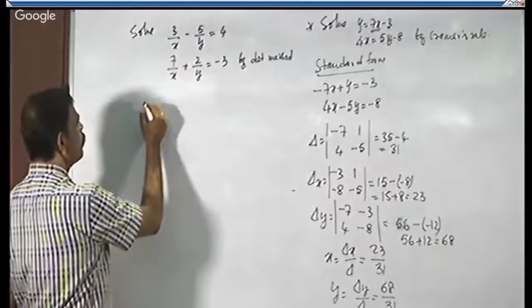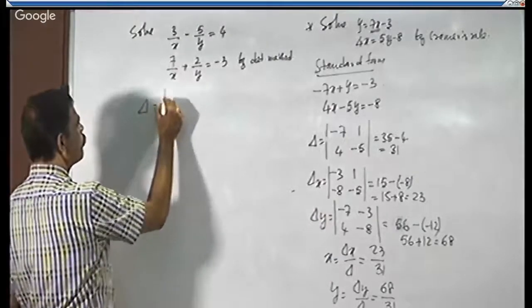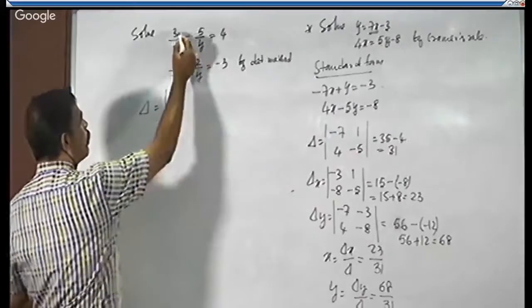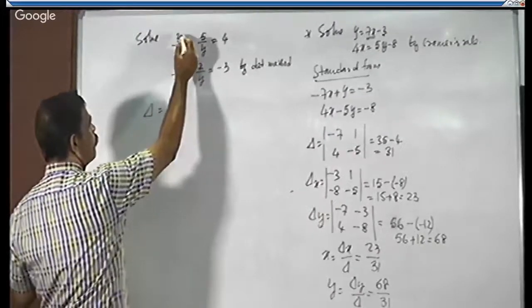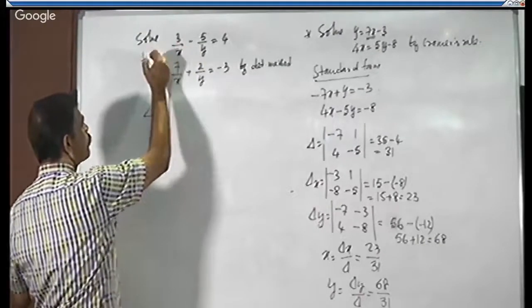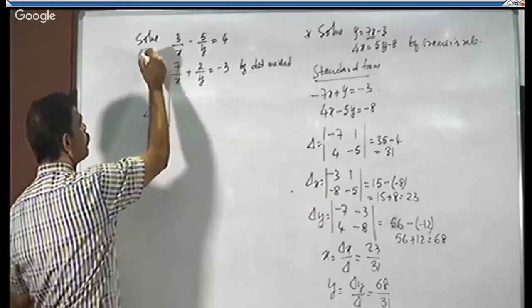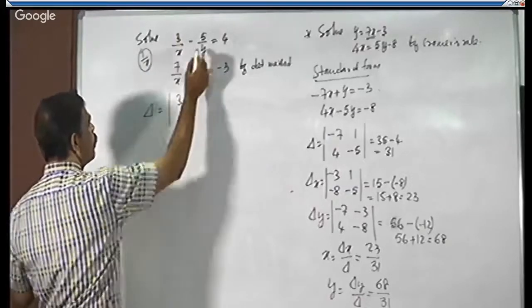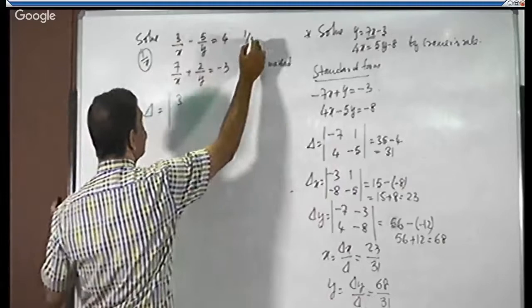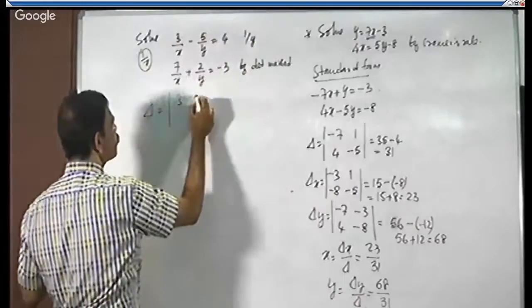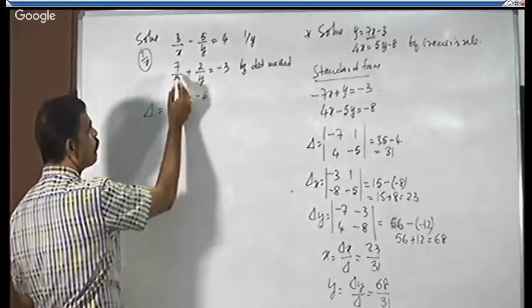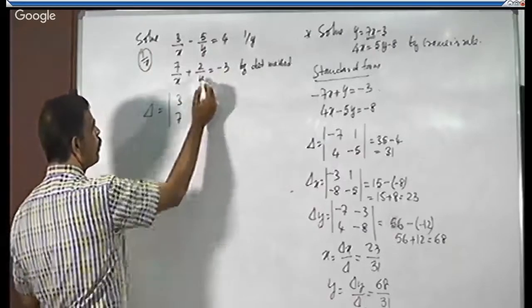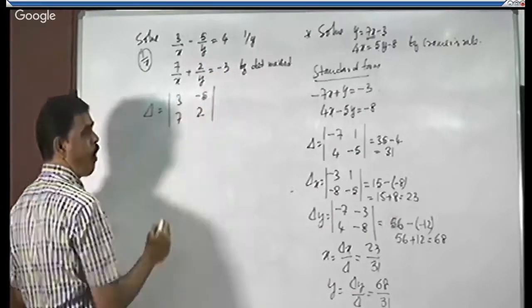See this. Delta is equal to 3 by x. What is the coefficient of 1 by x? If I leave 1 by x, what remains is what? 3. If I leave 1 by y, what remains is what? Minus 5. In the same way, here 7, here 2.